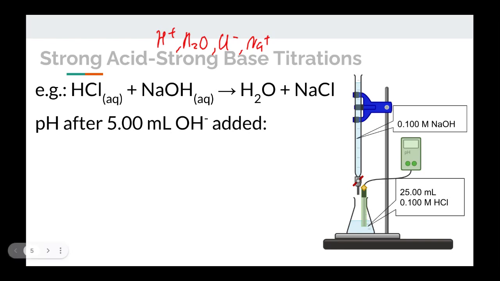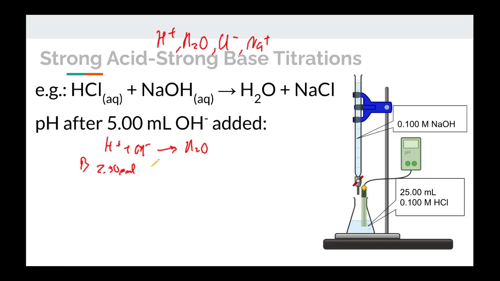So let's set up a BCA chart. The reaction that's going to be happening is H plus plus OH minus making H2O. And remember, this is a one-way reaction. Before, well, we have 25 milliliters at 0.1 mole per liter. So that means we have 2.50 millimoles of H plus.